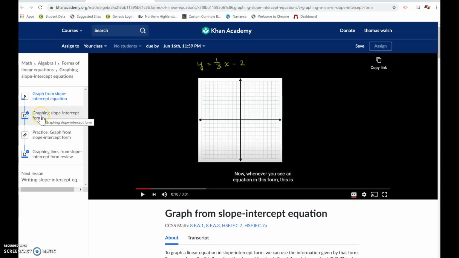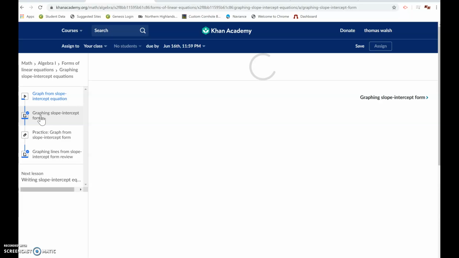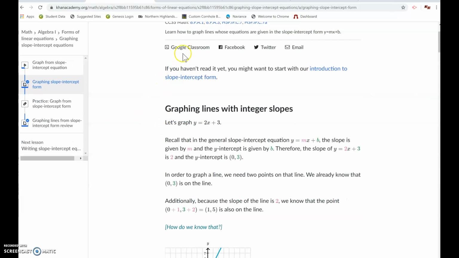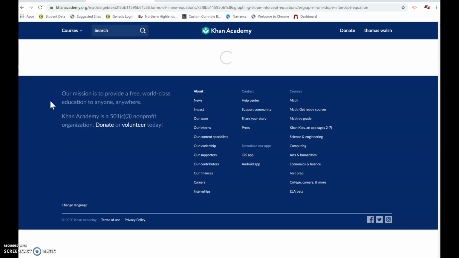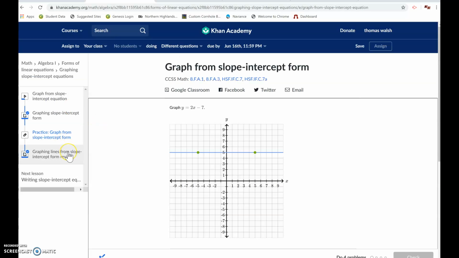And from there, we get practice problems that the students go through, and I basically would go through those practice problems with them. More practice here, where they can manipulate the graph to basically make the line agree with this equation.